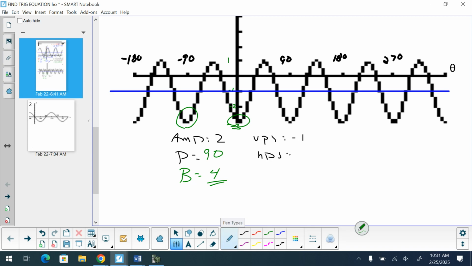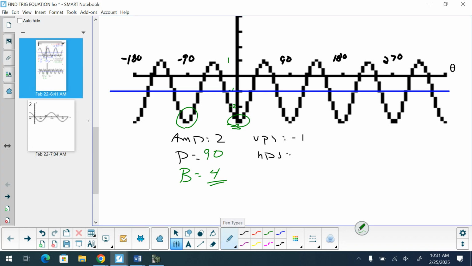Then determine where you want to start your graph. You might have to do a little bit of math to find a peak. Just use your halves to find the peak.